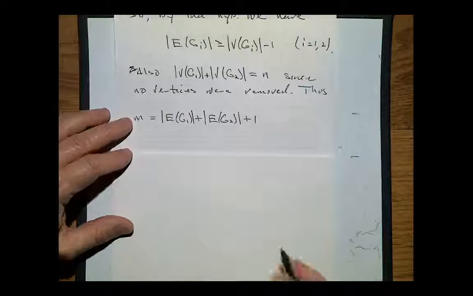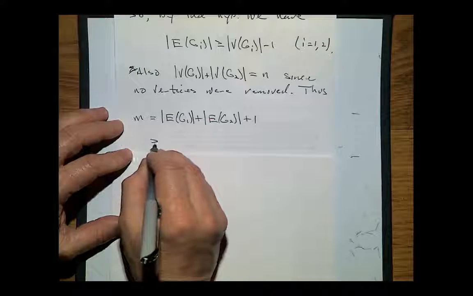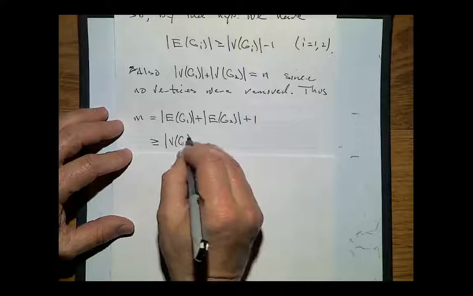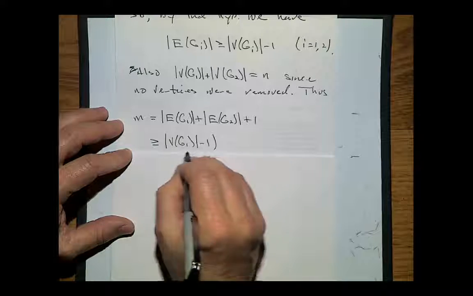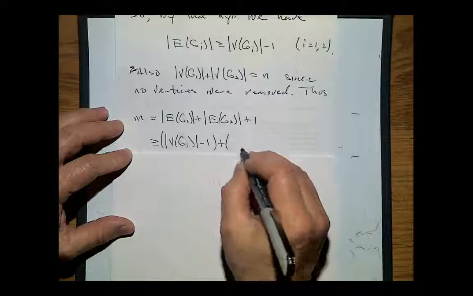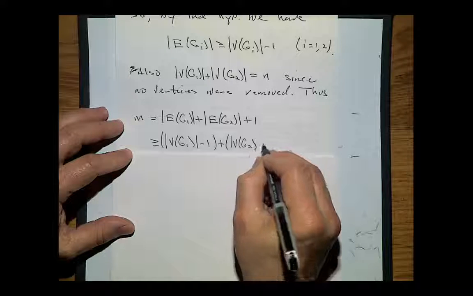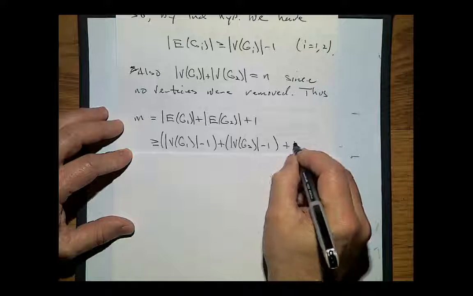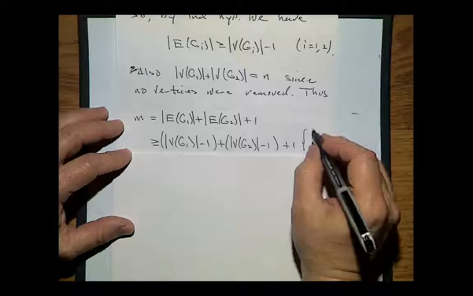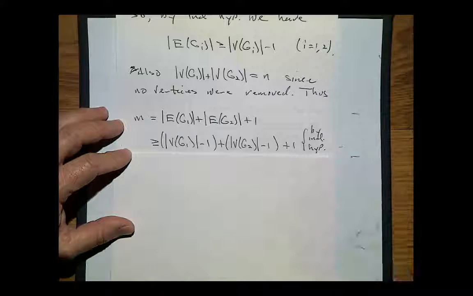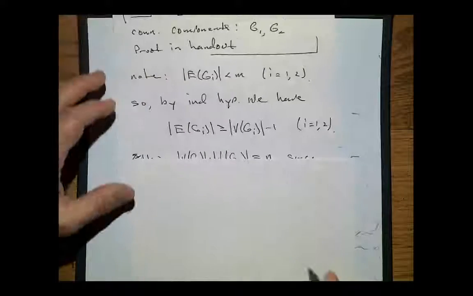But this quantity is greater than or equal to the number of vertices in G1 minus 1 plus the number of vertices in G2 minus 1 plus 1. This is by the induction hypothesis. Actually, I already said that up here.